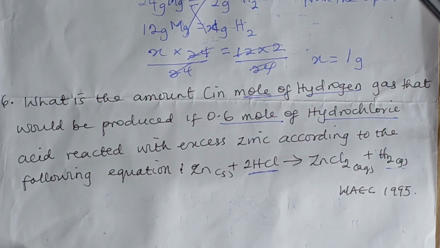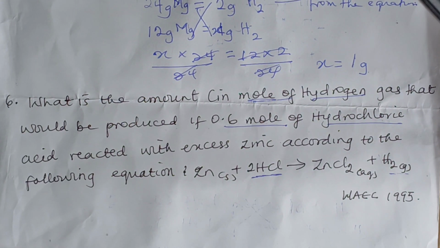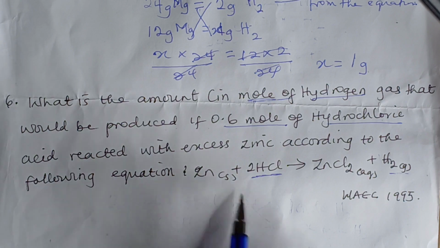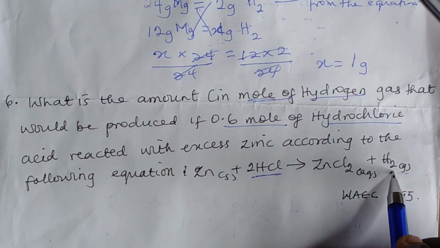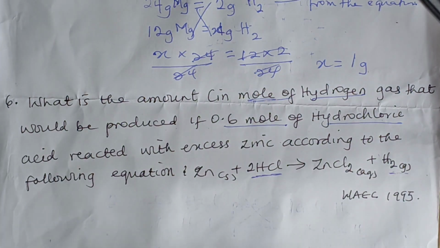And I said that before you use an equation of reaction, ensure that the equation of reaction is balanced. It is not in all cases that you will be working with an equation; some may require that you write it by yourself. Some may require that you don't need the equation of reaction, you just need the information given. So we are going to get the first line from the equation of reaction. The second line will be from the question.